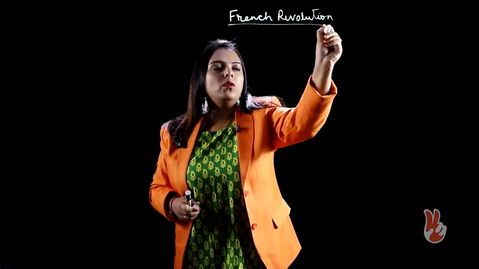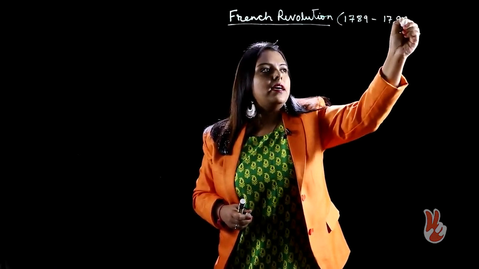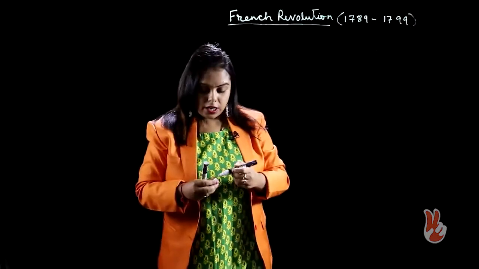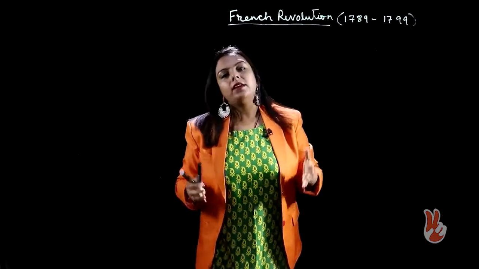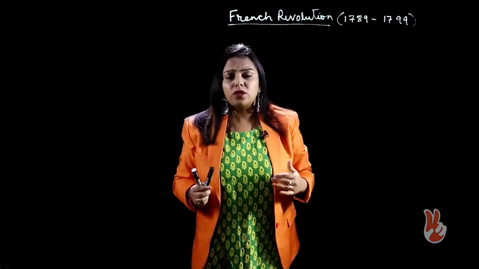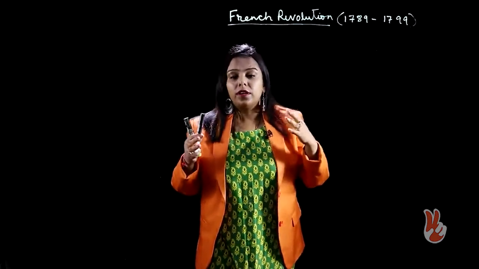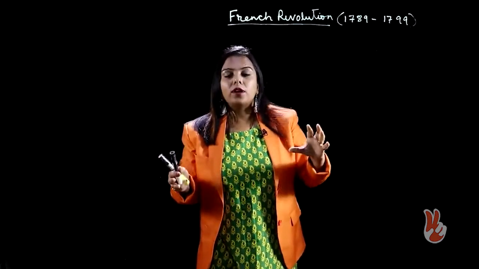And when we study the French Revolution, we know that the year when it started was 1789 and it continued till 1799, that is 10 years. For your understanding, you can divide the series of events into three important sections.